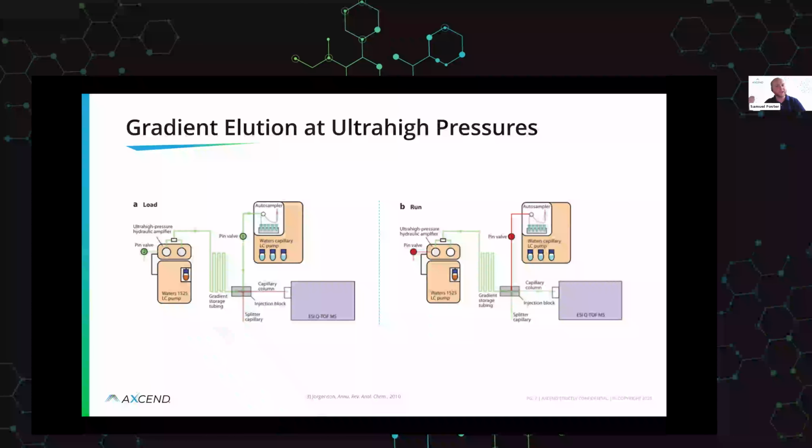From there, if you then take that system out of line and put your column, your injector, and your detector in line and start up that pneumatic pump, you're able to generate a gradient with only one pump at those higher pressures, without the need to worry about dual pistons or balancing the pumping systems. There have been methods that have used pneumatic pumps for gradient generation. Those so far have primarily been in analytical scale, and for capillary scale, mainly what we've seen so far has been gradient storage.